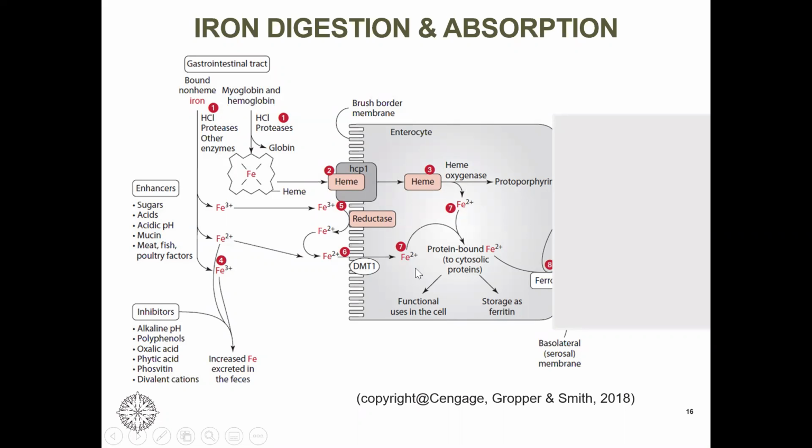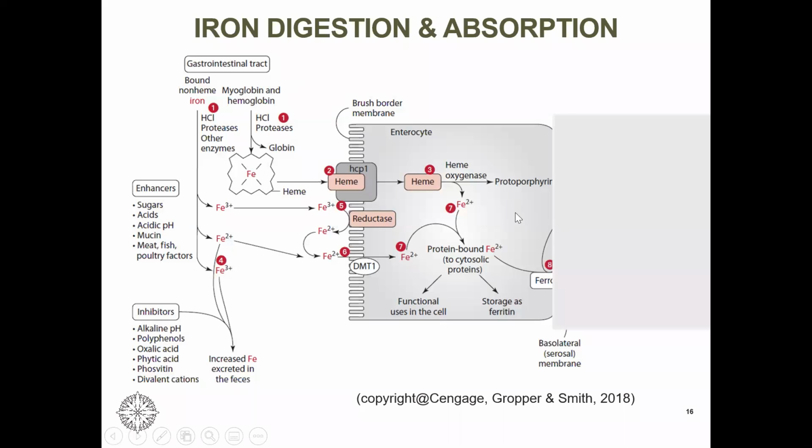And the other one, and it will kind of form an iron pool. Okay? Whichever source iron is coming from, there will be a pool of it. Intestinal cell can also use it to store it as ferritin, or it can use it to do its own work. If it is growing, intestinal cell is fighting any infection, it will use it.